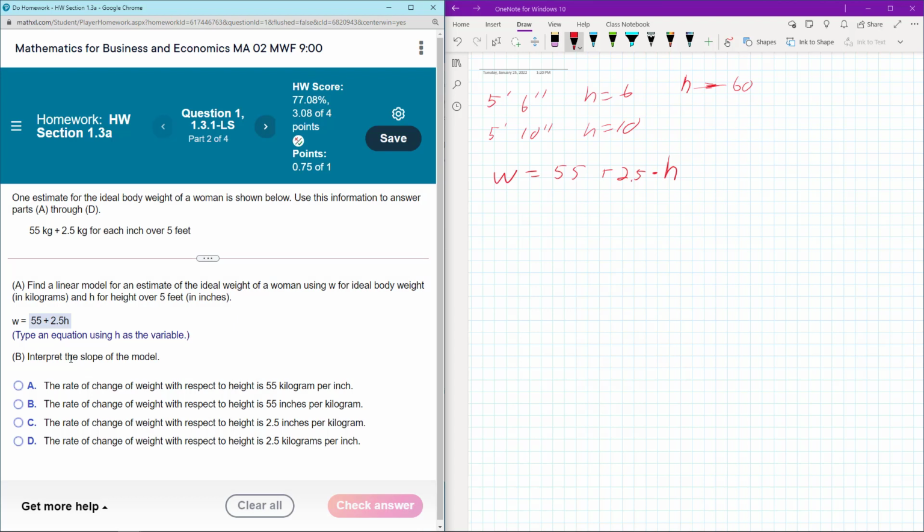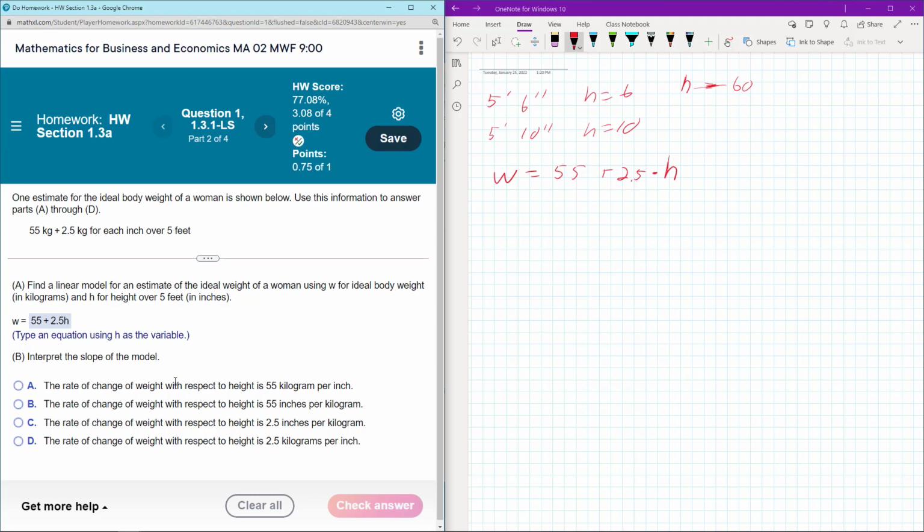Okay, and then once again we want to interpret the slope of the model. Notice that if H increases by 1, the weight is going to increase by 2.5 kilograms. So the rate of change of the weight with respect to height is 2.5 kilograms per inch.